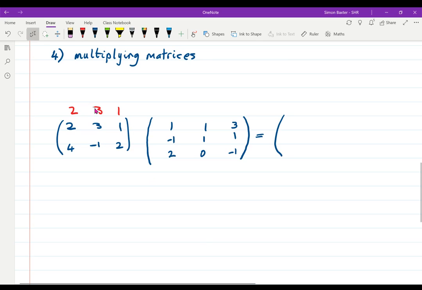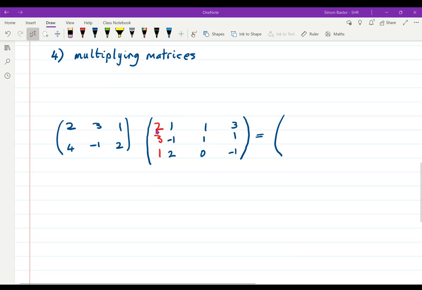We then turn that row into a column. So that's quite easy to see. You take that first row and make it a column. Having made it a column, then you put it next to the first column. So we have what I would describe as the first row times the first column.